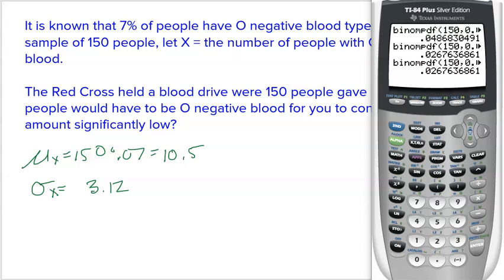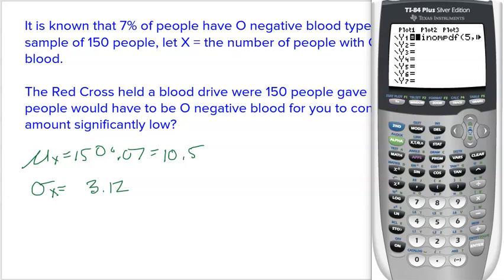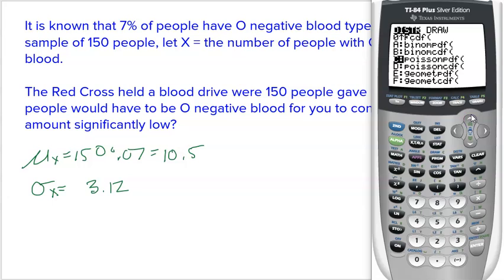But come on, I want to speed this process up, right? So remember what I taught you guys to do earlier. Go to y equals. Clear out what we had earlier. Second vars. Put Binomial PDF in your y equals. 150 people, probability of success 0.07. And remember, for the x value, delete that and make it an x.